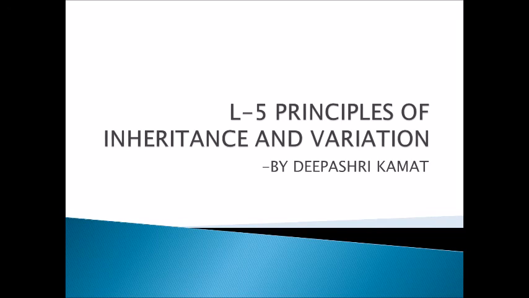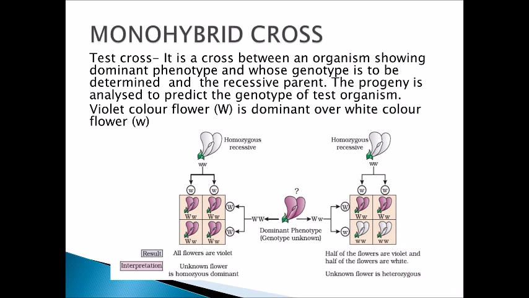Good morning, students. Today we will see the test cross, which is a part of monohybrid cross. It is a cross between an organism showing the dominant phenotype and whose genotype is to be determined.